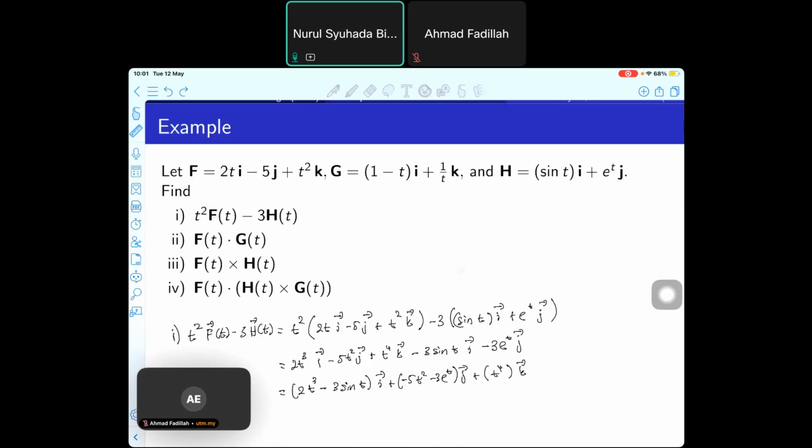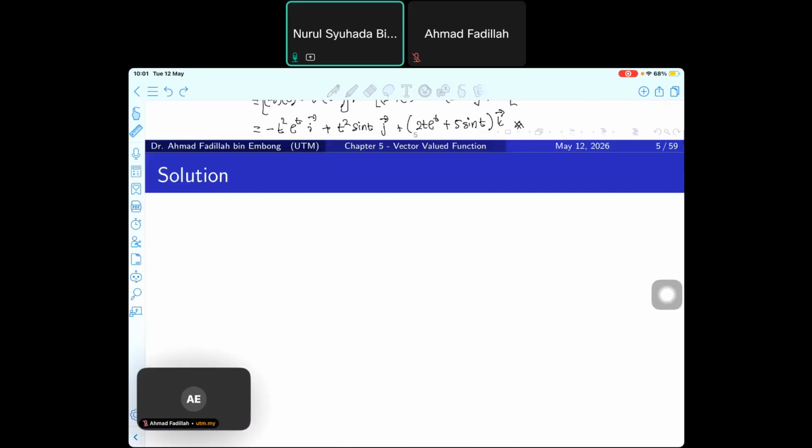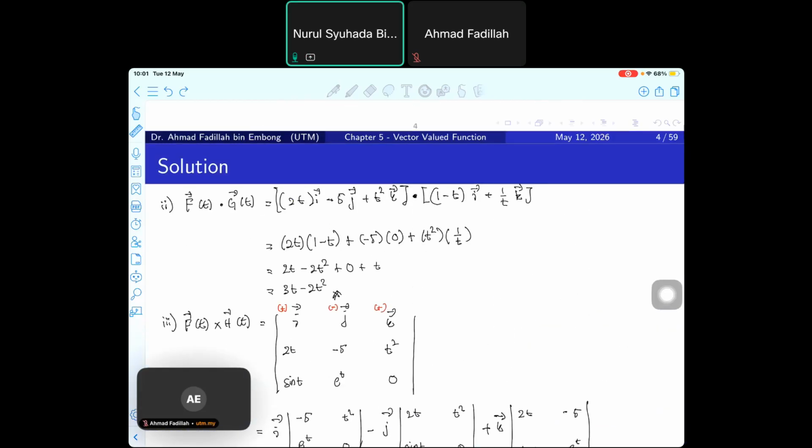Okay, so the last one you can do on your own. Try to find the answer. And one more thing that you have to keep in mind: the dot product gives you a scalar or a function. For example, in this case, we have a function.